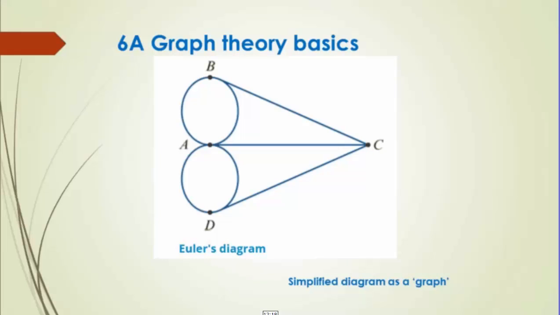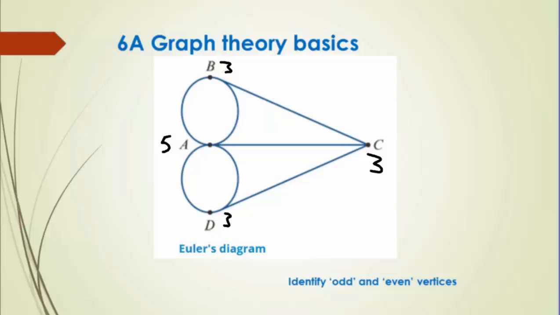Next thing I'd like you to do is identify what we call the degree of a vertex. Now A has got 1, 2, 3, 4, 5 arms coming off it, B has got 1, 2, 3 coming off it, C has 3, and D also has 3. So they're all odd vertices. We'll just put what we call the degree of the vertex next to it.